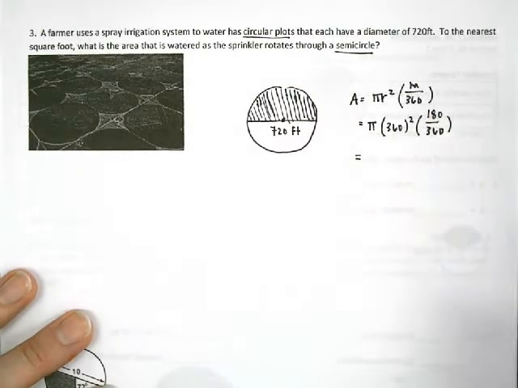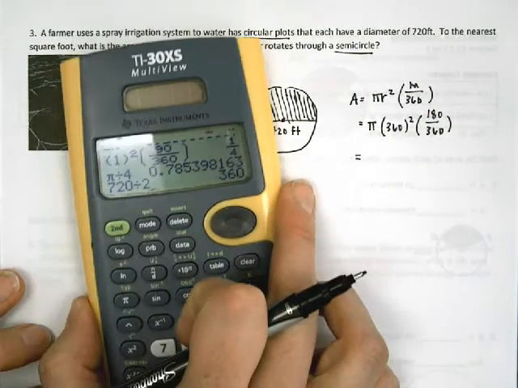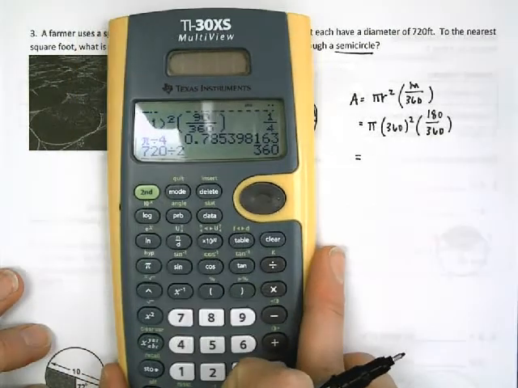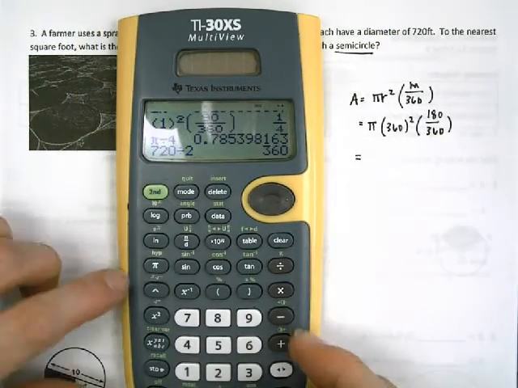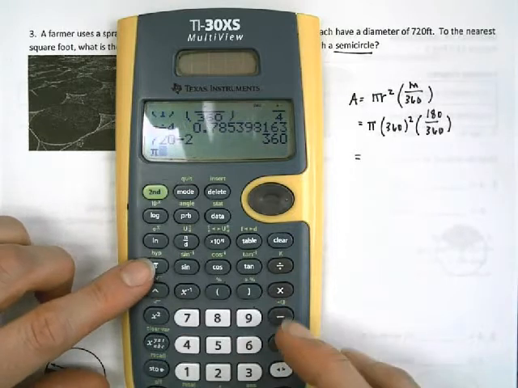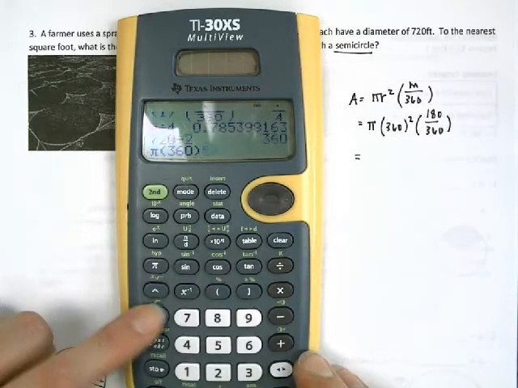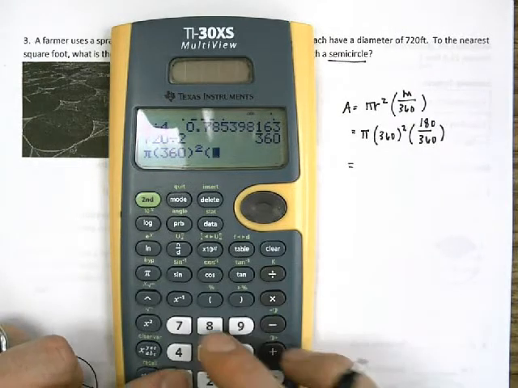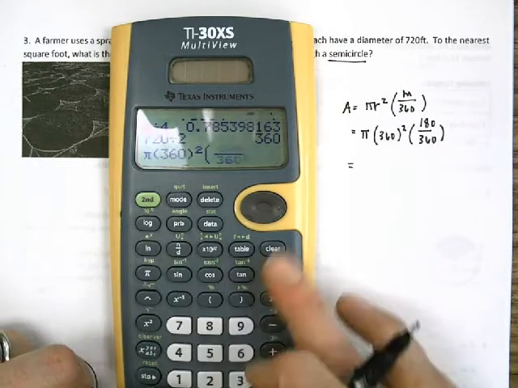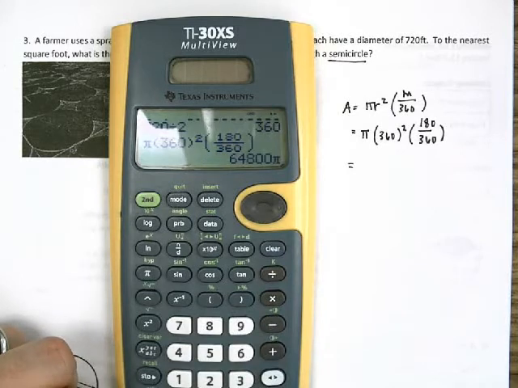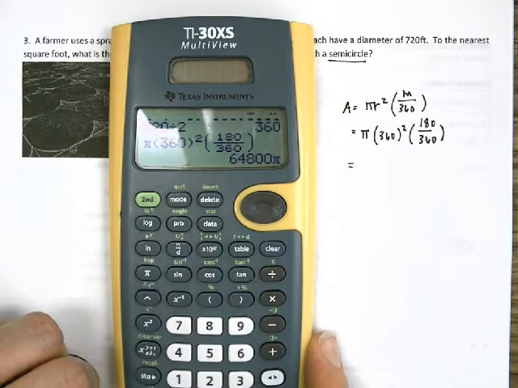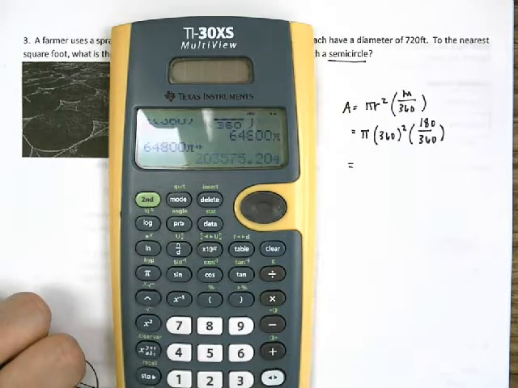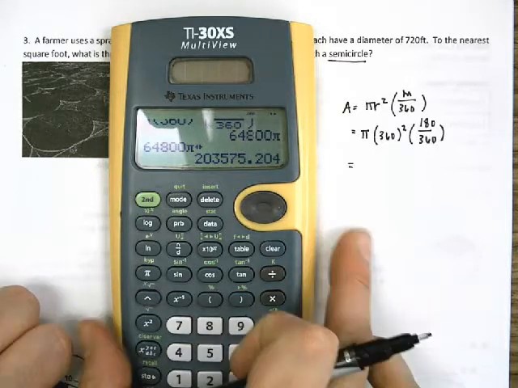Now, this one just wants to the nearest square foot, so I'm just going to go ahead and enter everything in and then round appropriately. So I'm going to put the pi in this case, because I don't need it exact, times 360 squared, and then 180 over 360. Now, that gave me the answer with pi in it, so I'm going to use my double arrows.